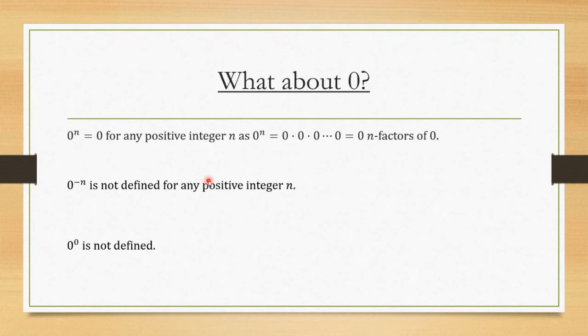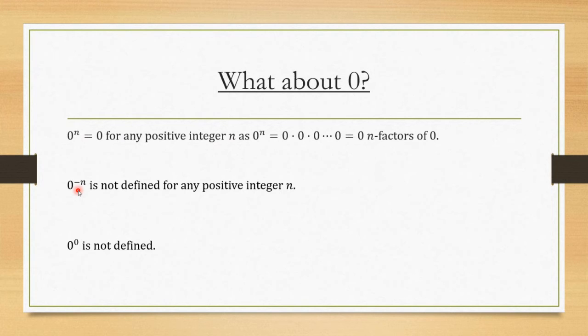Now, we said a was not 0. Let me just clarify what happens when a is 0. Well, 0 to the n is 0 if n is a positive integer, because you have n copies of 0 that you're multiplying together, and 0 times anything is just 0. 0 to the negative n is not defined if n is positive.